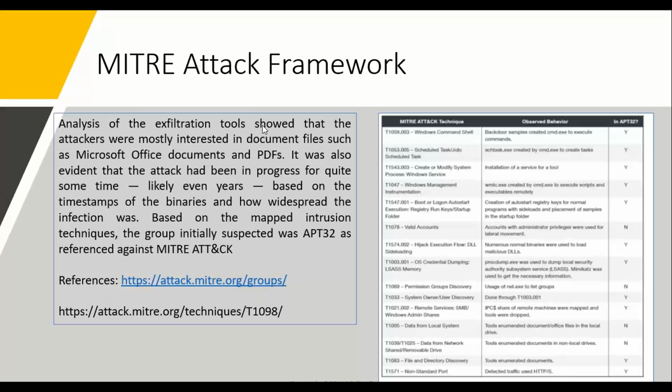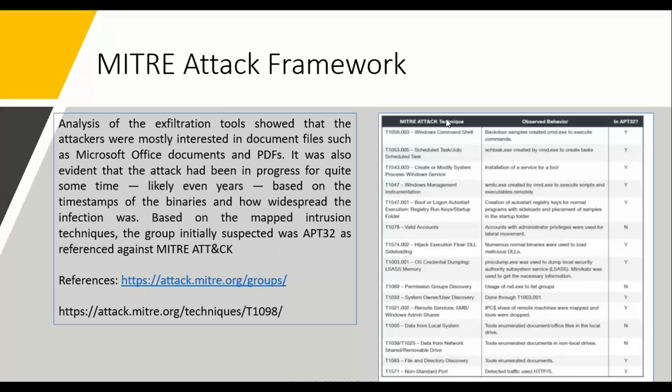So analysis of the exfiltration tools showed that the attackers were mostly interested in document files such as Microsoft Office documents and PDF. It was also evident that the attack had been in progress for quite some time. So this is one example I have taken where you can use MITRE to analyze and find out who it is. For example, in this case it is APT 32, because based on the mapped intrusion techniques, the group initially suspected was APT 32 as referenced against MITRE ATT&CK.